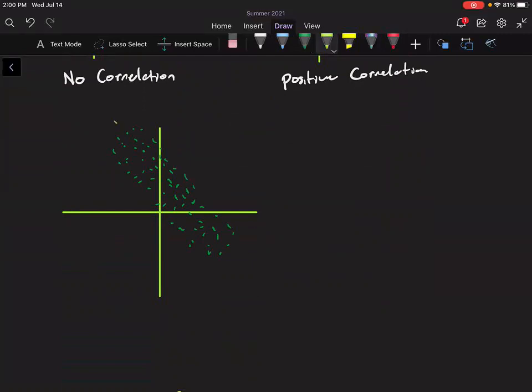And so here, the only difference is that our line of best fit has a negative slope. So as we increase x, that tells us that we decrease y. That's negative correlation.